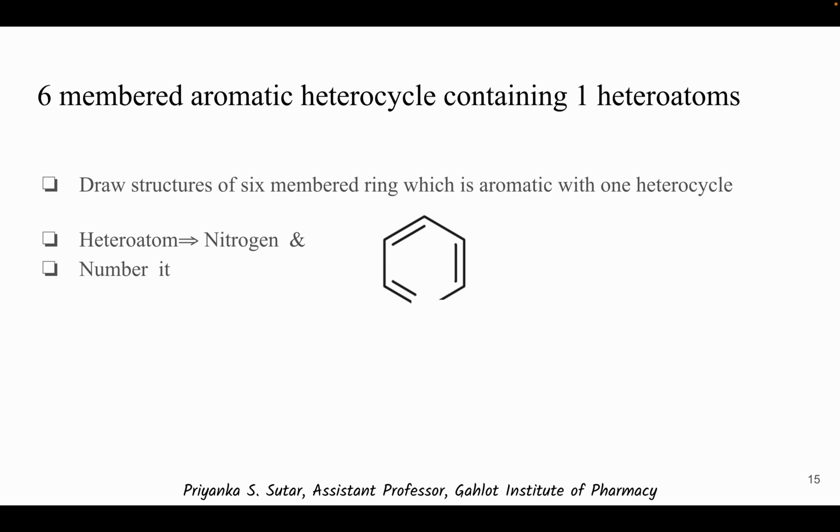And before writing the name, just number it. Okay, you also number it 1, 2, 3, 4, 5 and 6. The structure is called a pyridine because it contains nitrogen.